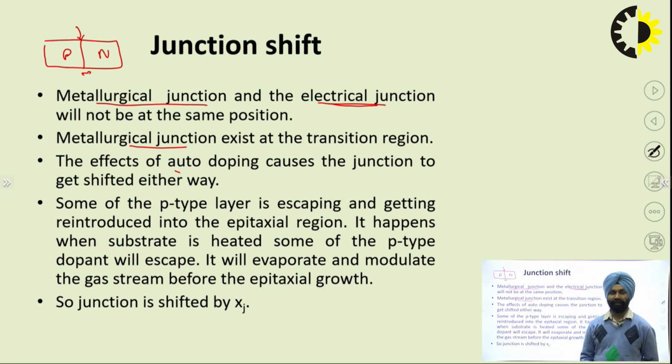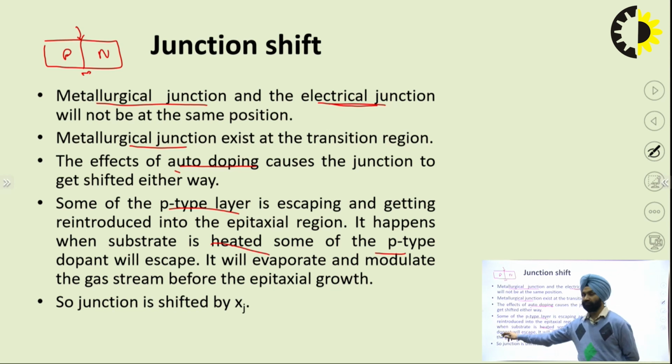The predominant cause of this is auto doping, which shifts the metallurgical junction. For example, some of the p-type dopants escape and get introduced into the epitaxial layer when we heat them.